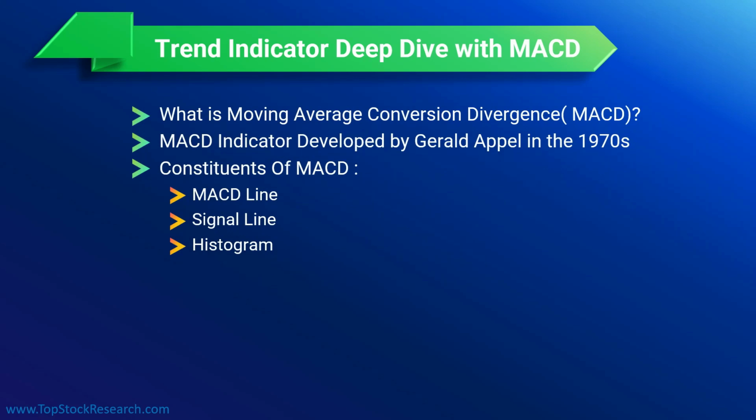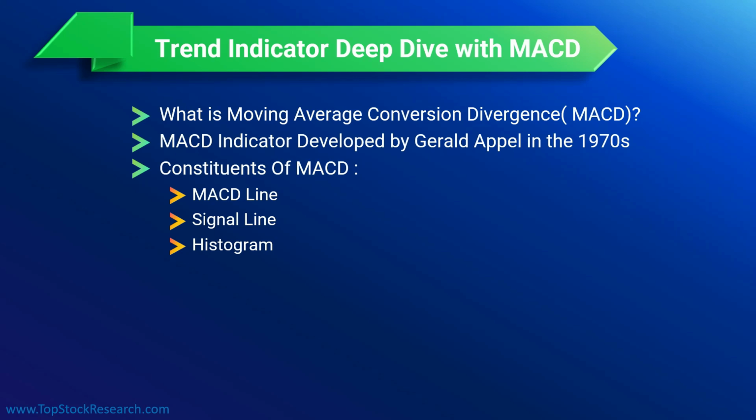MACD, Moving Average Convergence and Divergence, was developed by Gerald Appel in the 70s. The reason I mention the 70s is that it's a time-tested indicator, and the quality of its signal is still relevant. There are not many indicators that have superseded this one, which was created about 50 years back. What are its key constituents? MACD line, signal line, and histogram.